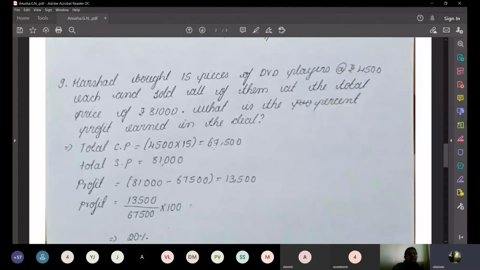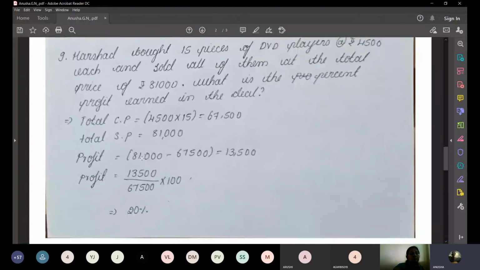They gave the total amount he sold the DVDs for, 81,000, which is a profit for him. So we need to subtract 67,500 from 81,000. We will get 13,500. 13,500 will be the profit for him by selling the 15 pieces of DVDs.